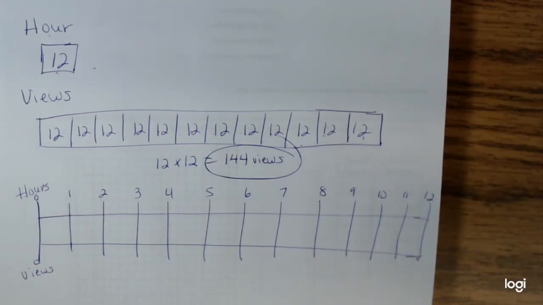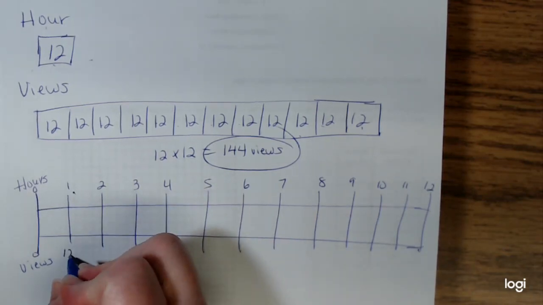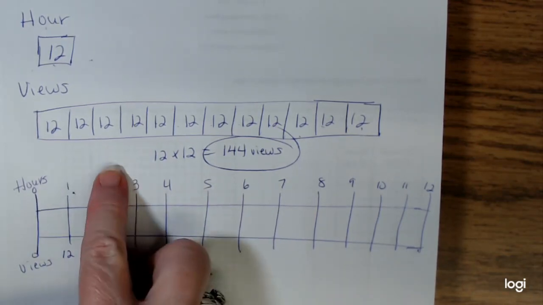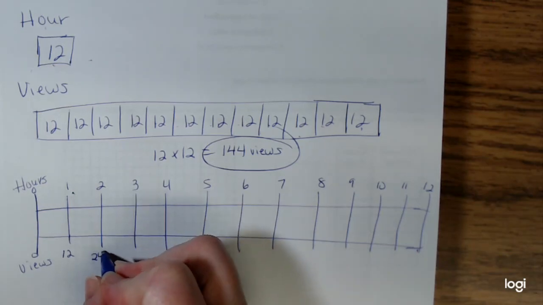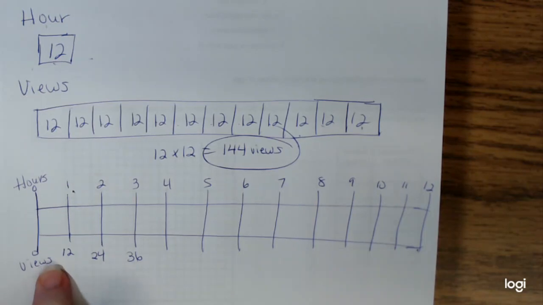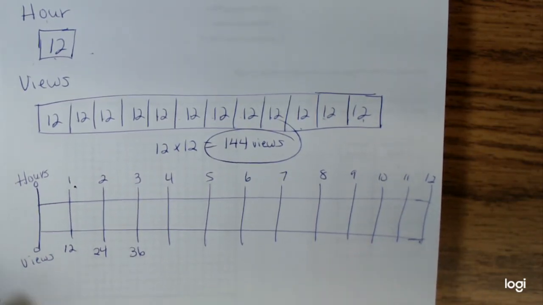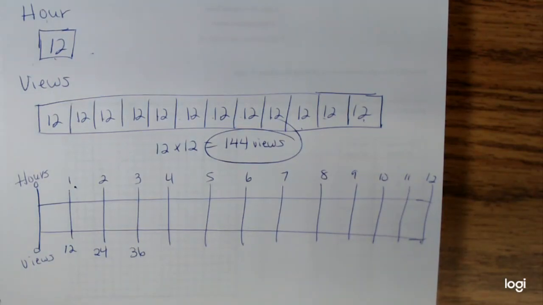We just have enough room. We already know that in 1 hour, there are 12 views. In 2 hours, there's 24. In 3 hours, there's 36. So we're going to count by 12s all the way along the bottom. Those of you that are in the class, you can use your name tag. I think you have a multiplication chart.